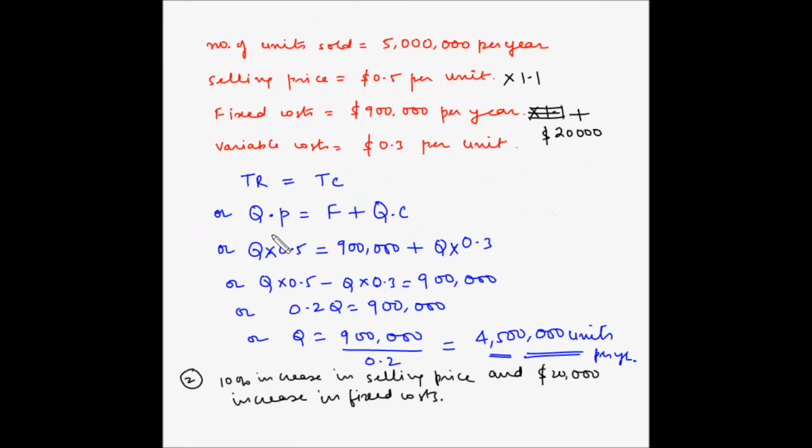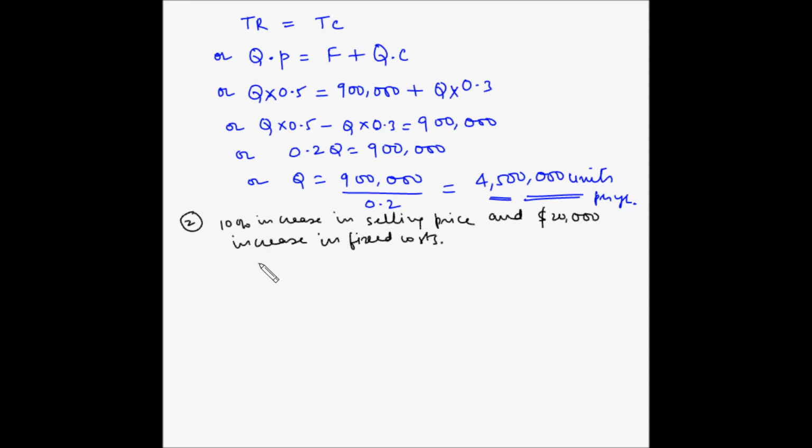The formula remains the same. So in this case, we'll name the break-even point as Q2 multiplied by P is equal to F plus Q2 multiplied by C, or Q2 is the variable, so Q2 multiplied by P, which is 0.5.